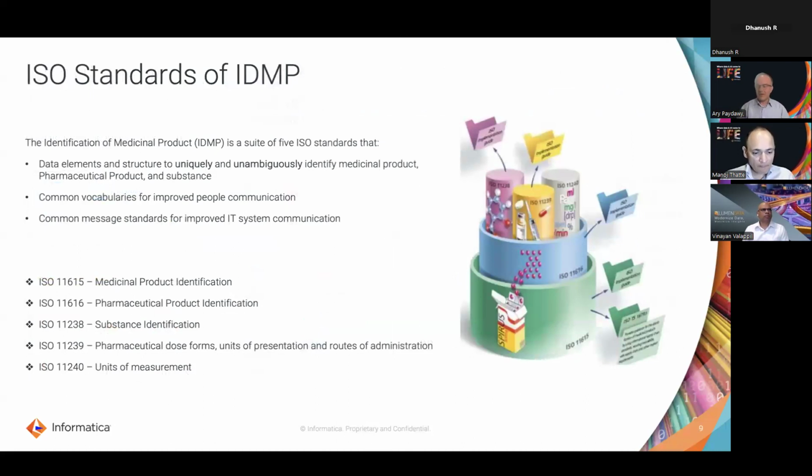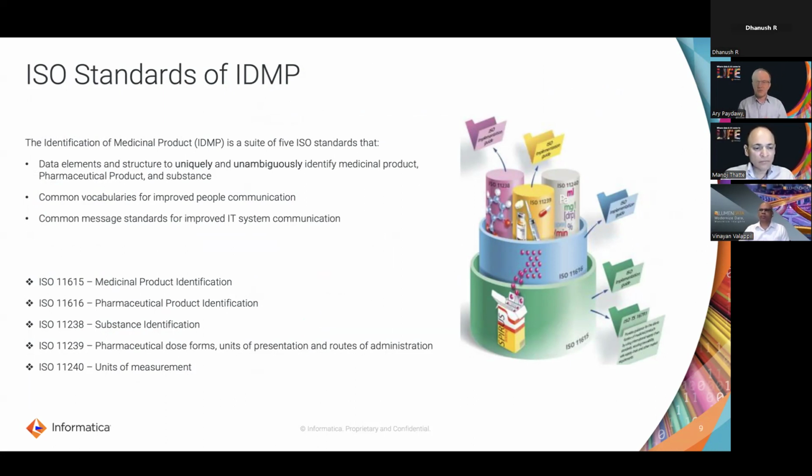And now let's take a step closer at these 5 standards within IDMP. When you look at these standards, there are 5 areas, which is really the medicinal product identification, the pharmaceutical product identification, which is called the PhPIDs, and for the first one, it's MPIDs. Then you get into identifying the substances, and then a defined set of dosage form, unit of presentation, and those pieces that are defined for medicinal products, and then finally the units of measurement.